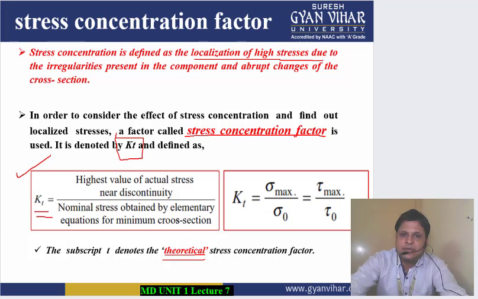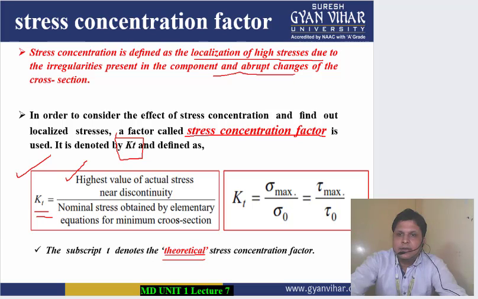How can you get the value of stress concentration? It is a ratio of the highest value of stress near the discontinuity divided by the normal value of stress obtained by the elementary equations for the minimum cross section.